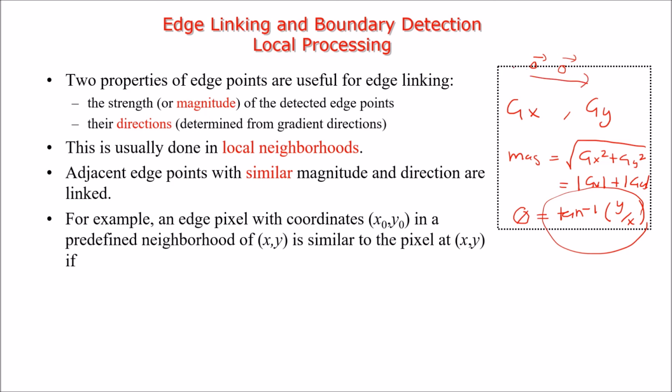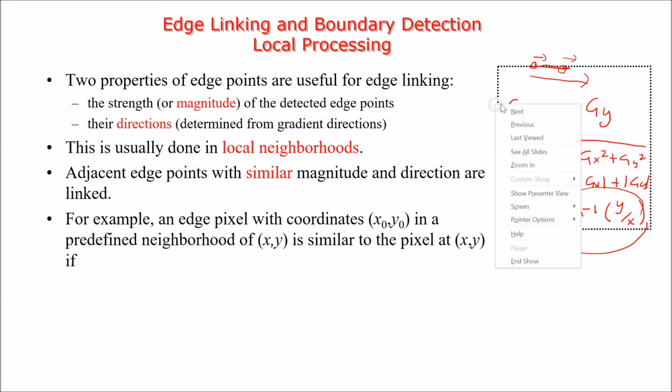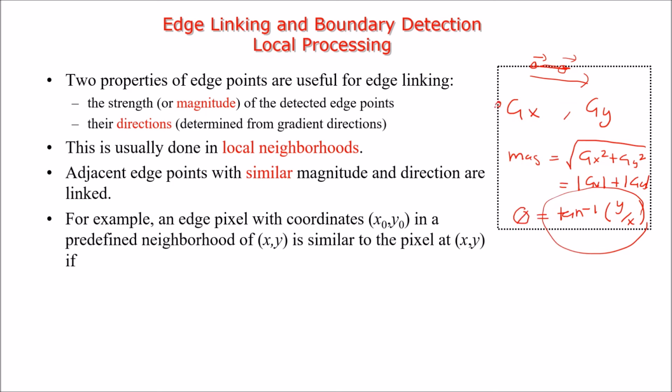So we can mark this area as belonging to the same edge, and then we can link that together. The same thing in here. If we pick up the actual location of the first point and then the second point, there is some tendency that the direction calculated for the same line here will be the same, and then we can link them straight away together given the same properties of direction and magnitude.